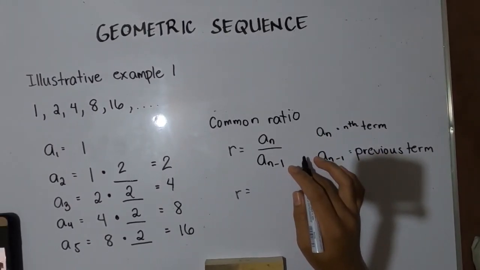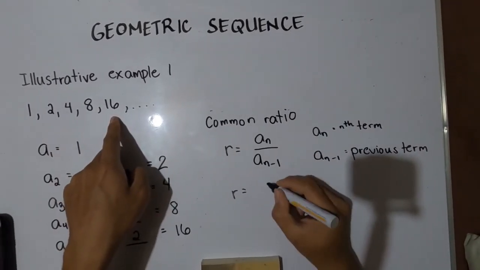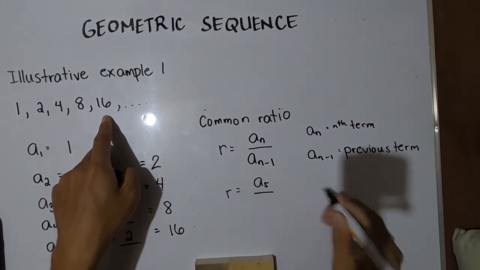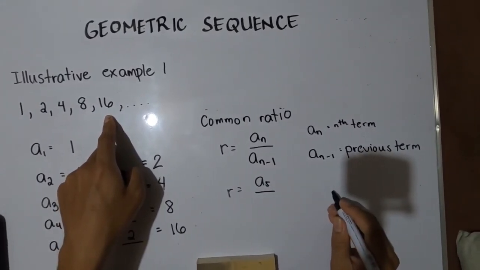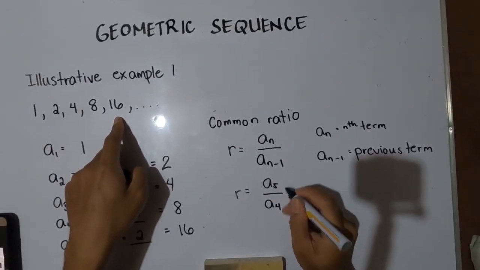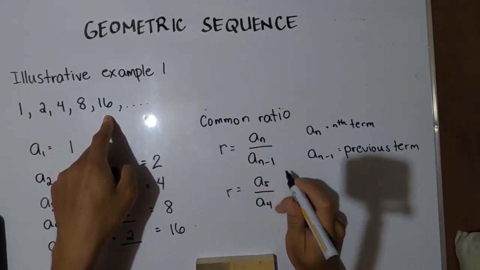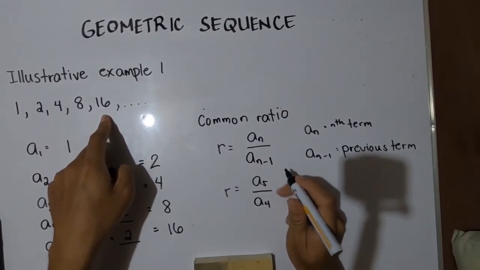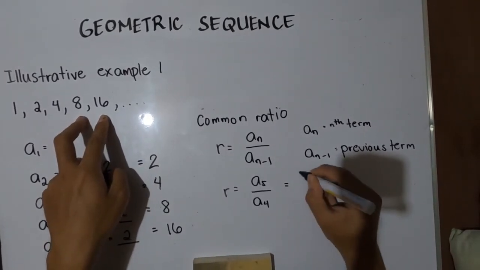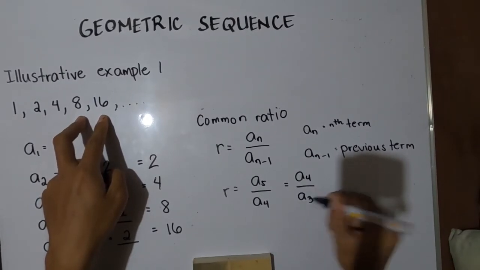If I try to use the fifth term, which is 16, so that will become a sub 5 divided by a sub 4, because the previous term of a sub 5 is a sub 4. So that's how you will write common ratio. That is the same as the ratio of the fourth term to the third term.